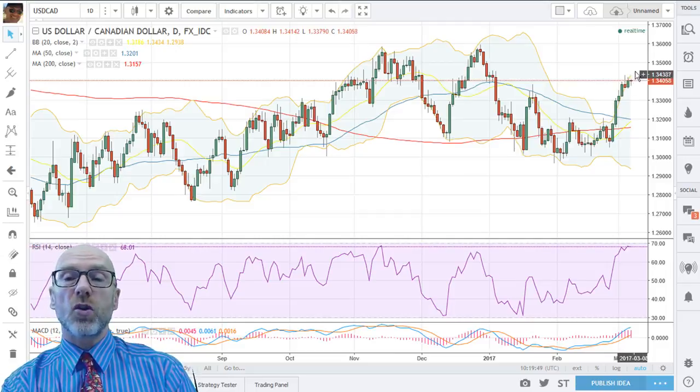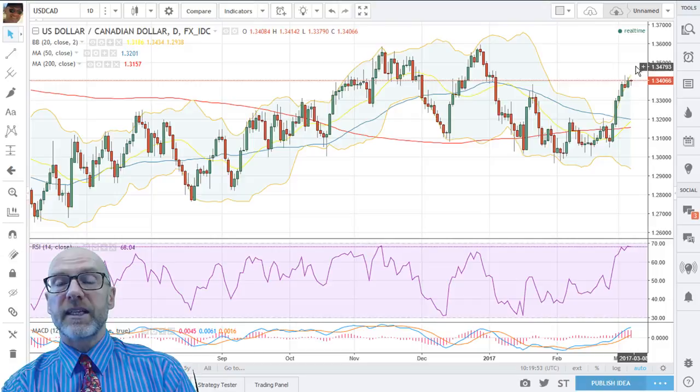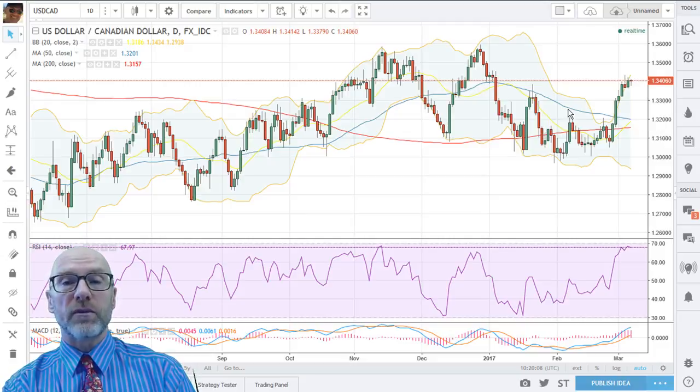There may be some short-term upside, maybe up to the 135, but really it's not going to go much higher than there, and I would expect the market to roll and then maybe even come down below the 133 and maybe start to test the supports at the 132 level.